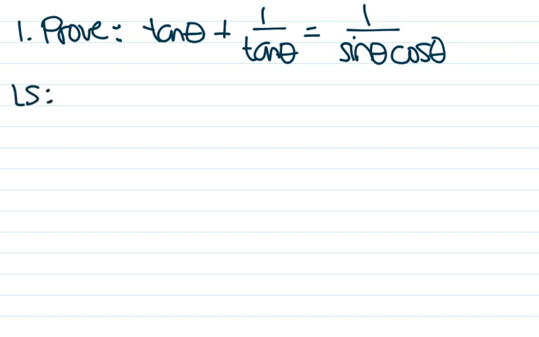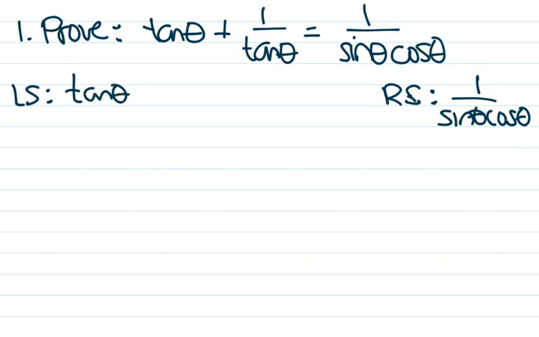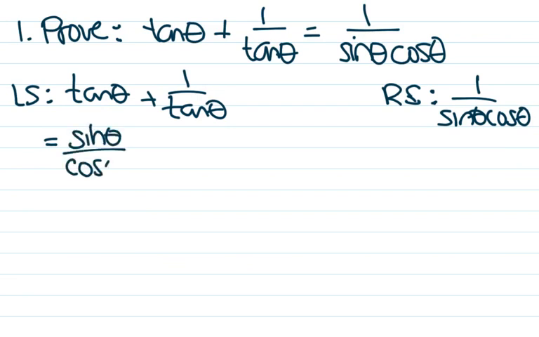I'm going to split up the left side and the right side. So the right side was 1 over sine theta cos theta, and the left side was tan theta plus 1 over tan theta. So the quotient identity, looking back up, says that tan theta equals sine theta over cos theta. So everywhere I see tan theta, I'm going to replace it with sine theta over cos theta, plus 1 over sine theta over cos theta.